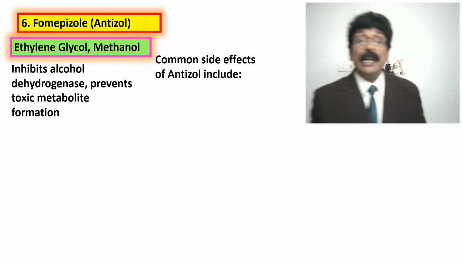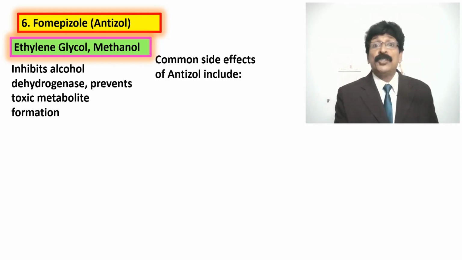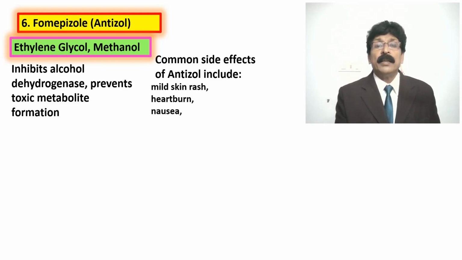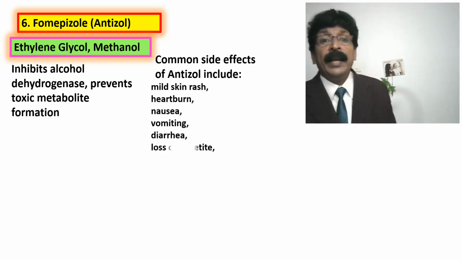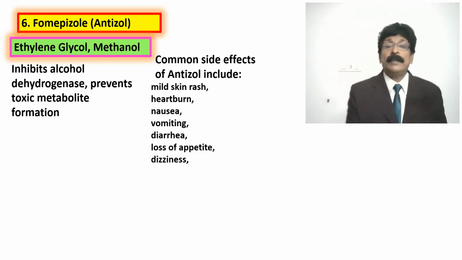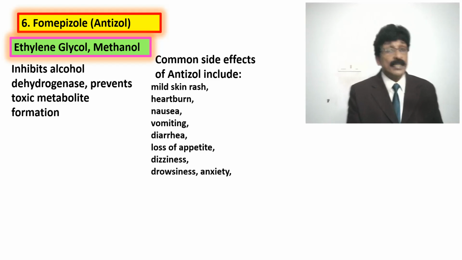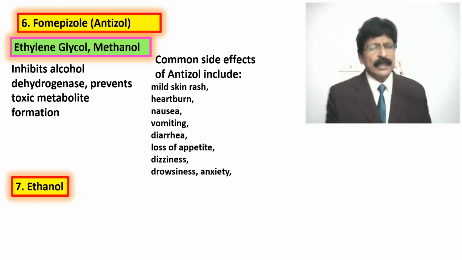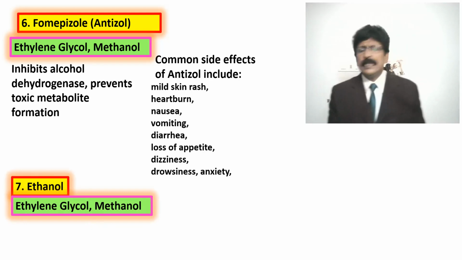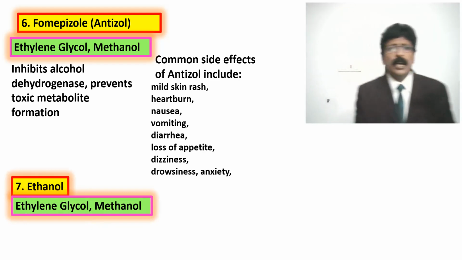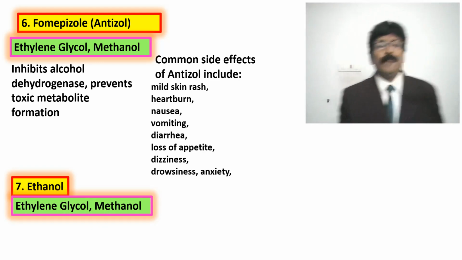Common side effects of antizol include mild skin rashes, heartburn, nausea, vomiting, diarrhea, loss of appetite, dizziness, drowsiness, anxiety. Ethanol can also be given, but when it is given intravenously, it has lots of issues that we will see, what are the side effects.